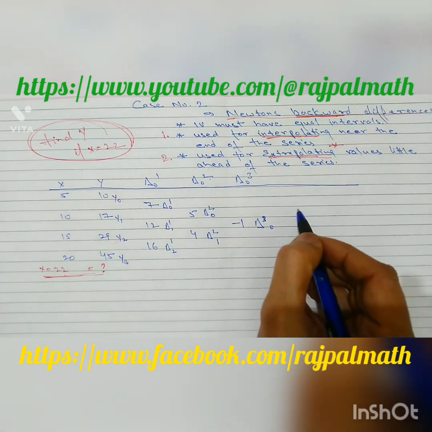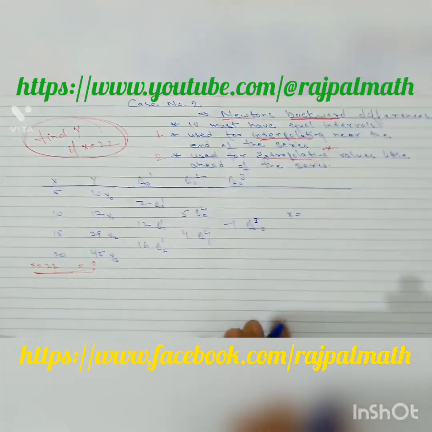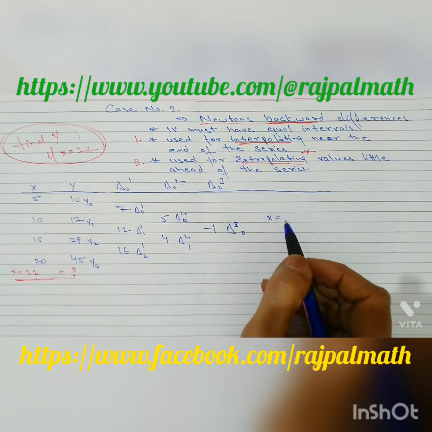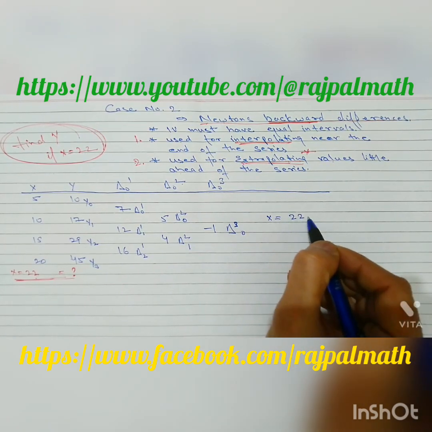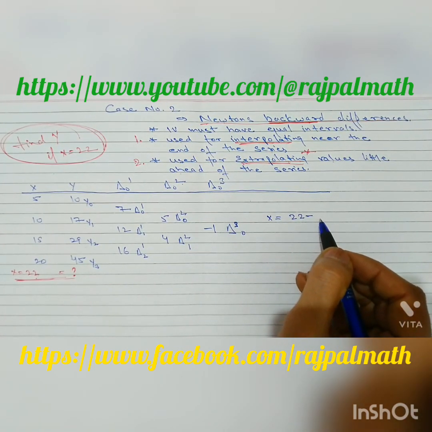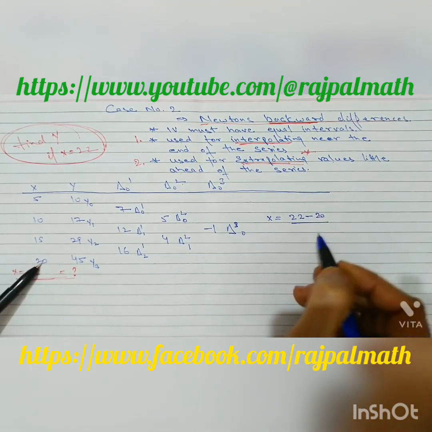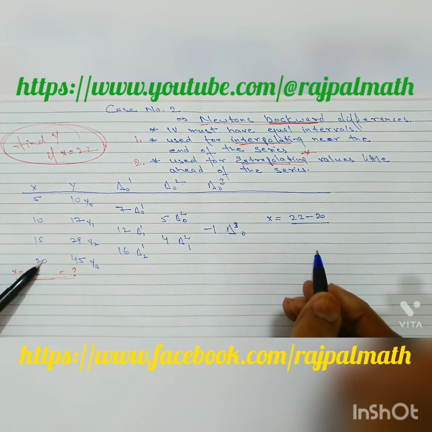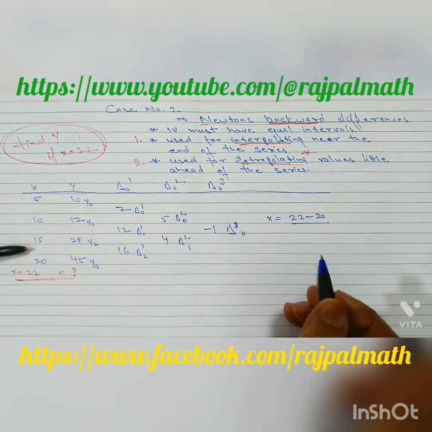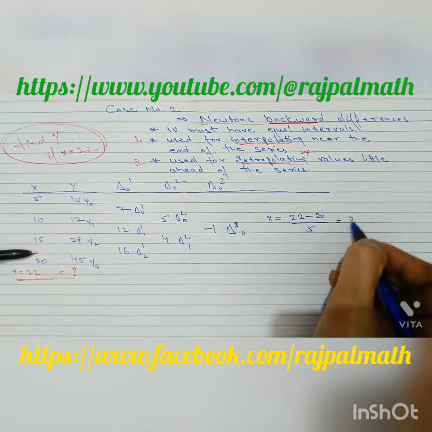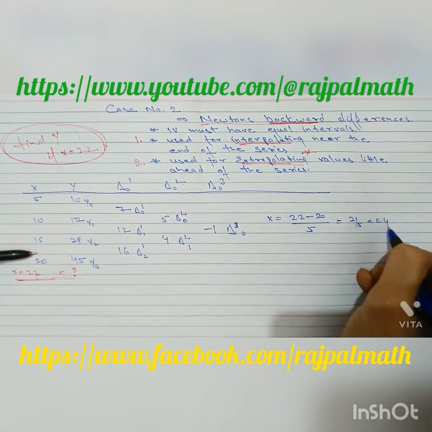Now find x. Formula for x is same as previous question, Newton's forward differences method. Value of y to be interpolated is 22 minus preceding value. Preceding value here is 20, divided by difference between the two adjoining items. Here difference of the intervals is 5, which equals 2 by 5 equals 0.4.